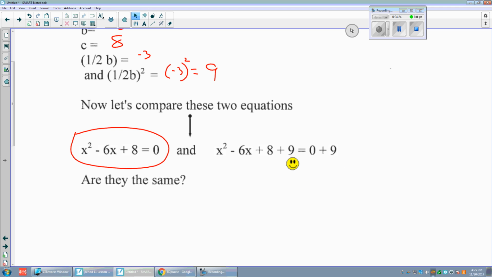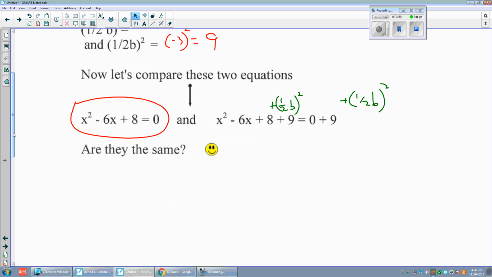Additive property of equality. Okay. You just added 9 to both sides. Did you really add 9 to both sides? No, not just 9. I added half of b squared. This is half of b squared. And what you do to the left, you have to do to the right. So I added half of b squared to both sides. Okay, that's fair.